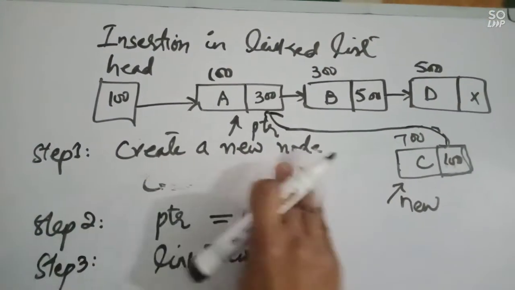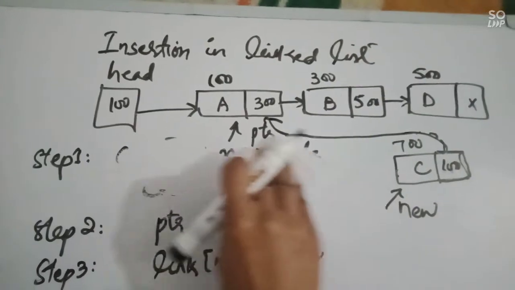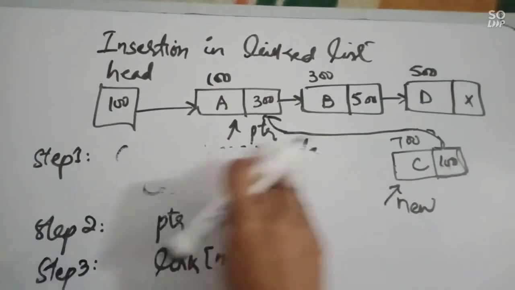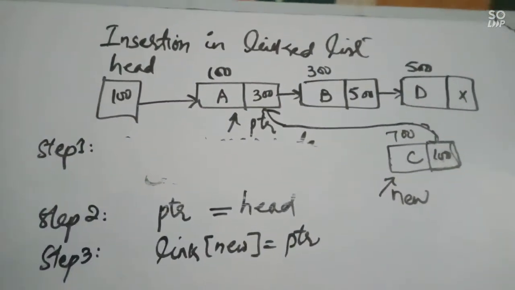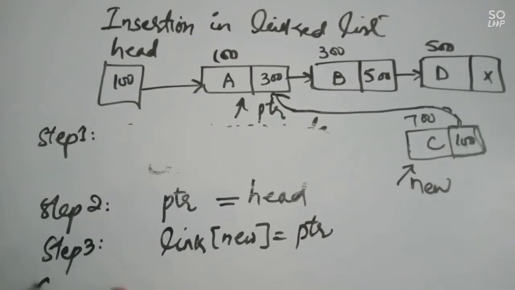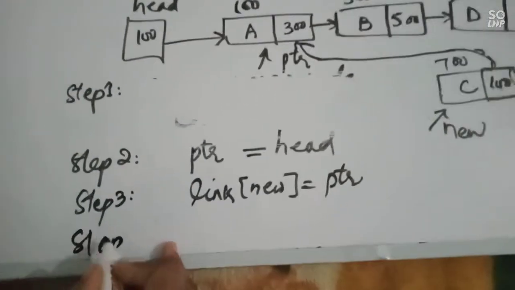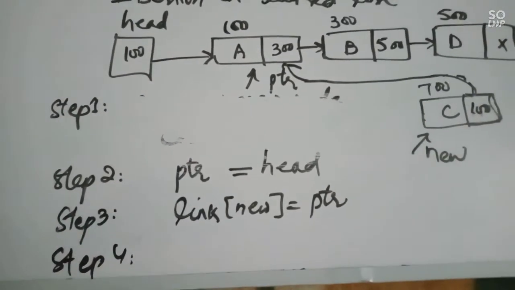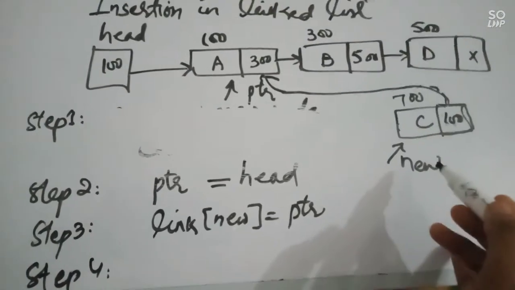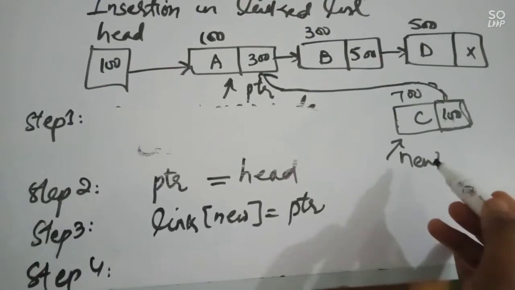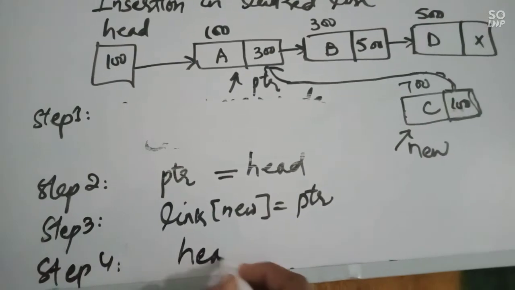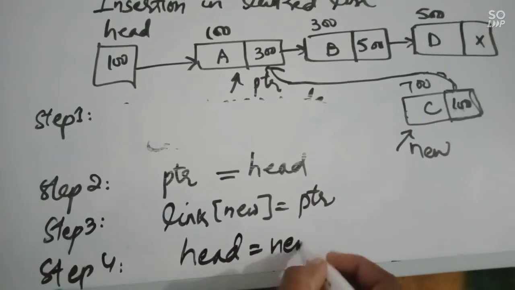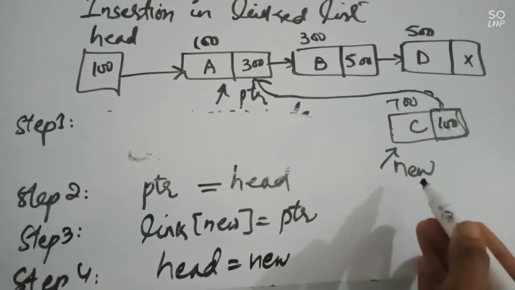The next step in this algorithm, step 4, is that we have to make this the head node. So we will say head equal to new, because new is pointing to the new node.